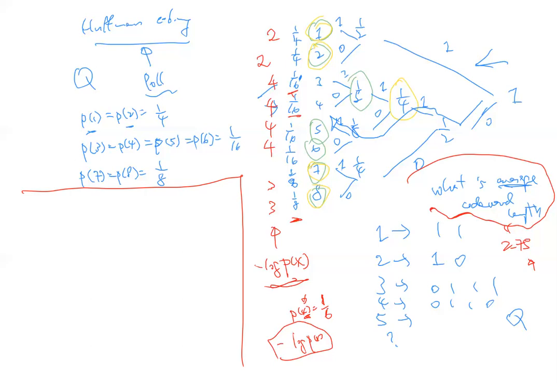Then if I use Huffman coding, I will end up using 3 bits to store this. But theoretically, the optimum number of bits to store that will be fractional. It will be minus log px, something between 2 and 3.